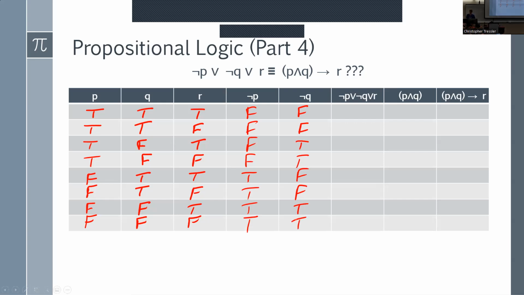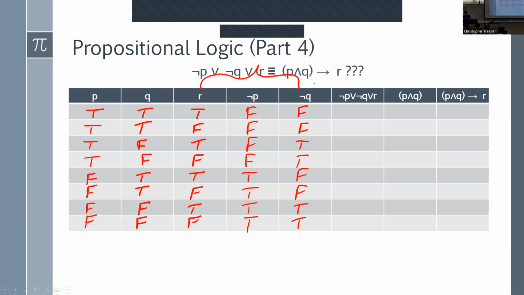Now it gets a little more complicated. We're doing the negation of P or the negation of Q or R. What that means is that at least one of these 3 is true: the negation of P, the negation of Q, or R itself. Notice that this is the entirety of our left side, so it's an important row that we'll compare later.